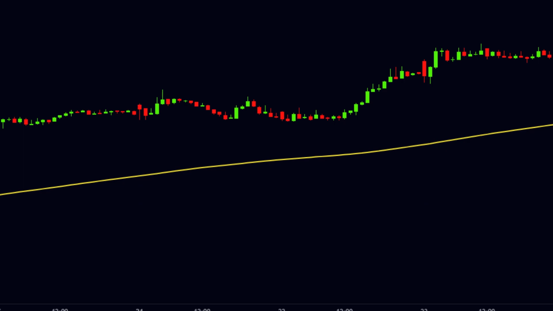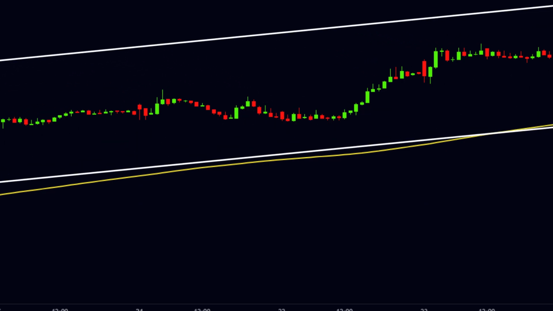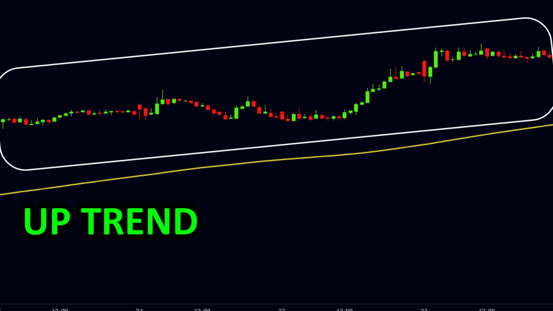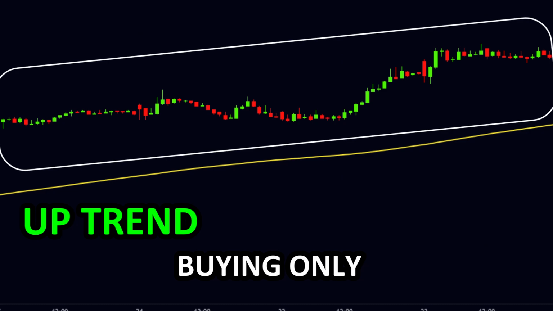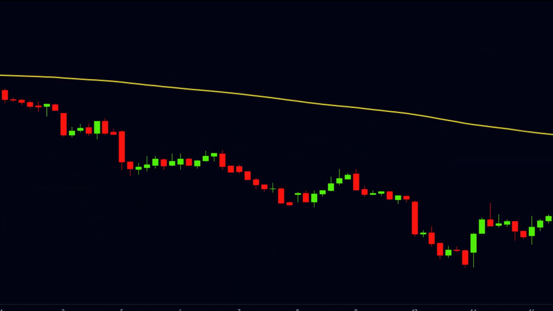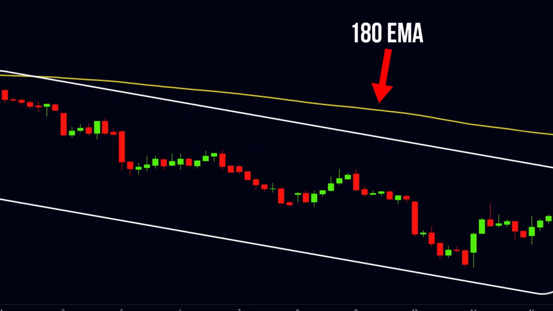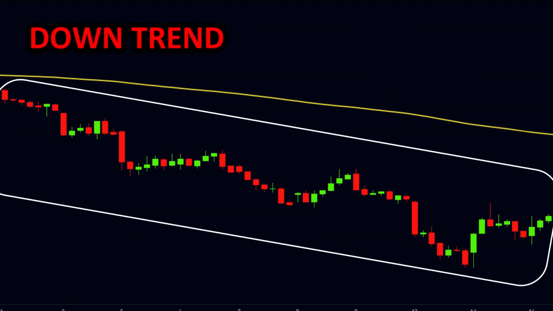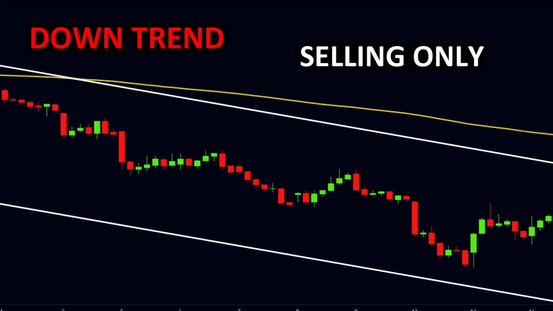For better result, here we will use the 180 EMA to identify the main trend of the stock. Thus, when the price will be above the 180 EMA, it will be called the uptrend, and during the uptrend we will look for the buying only. Similarly, when the price will be below the 180 EMA, it will be called the downtrend, and during the downtrend, we will look for the selling only.